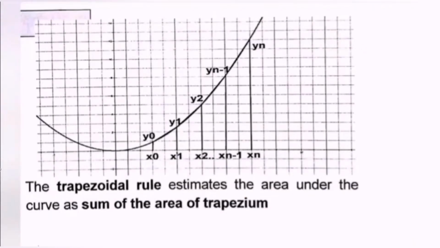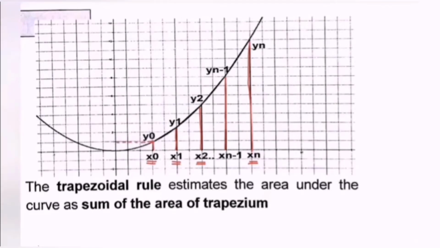So the trapezoidal rule is used to estimate the area under the curve as a sum of the areas of trapezium. So as we can see, here we have a trapezium. Okay, so here we have the ordinates x0, x1, x2 until xn. So whenever we substitute the value x0 into the function f(x), we will have the value of y.